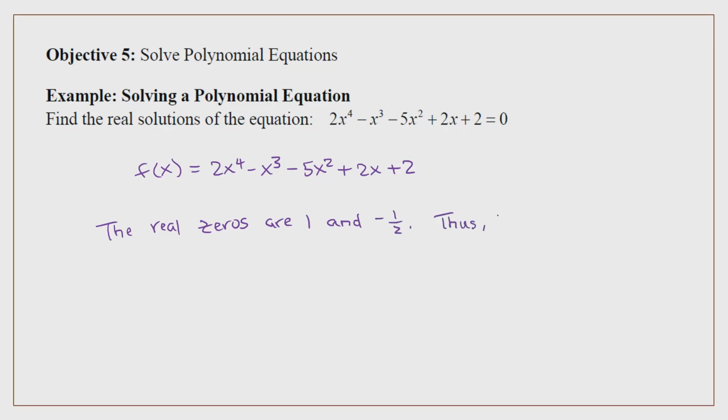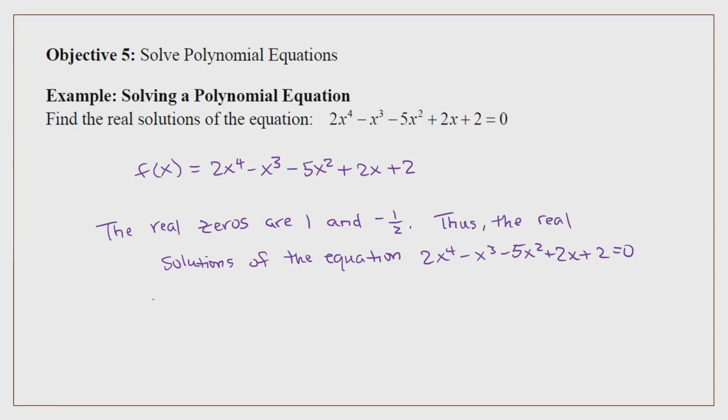Thus, the real solutions of the equation, let's write it out. 2x to the fourth minus x cubed minus 5x squared plus 2x plus 2 equals 0, are 1 and -1/2.